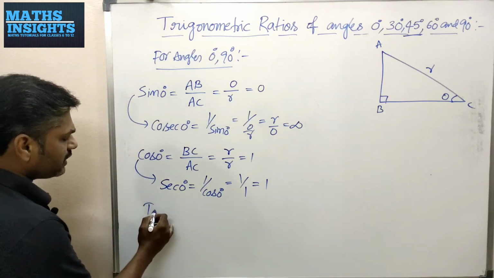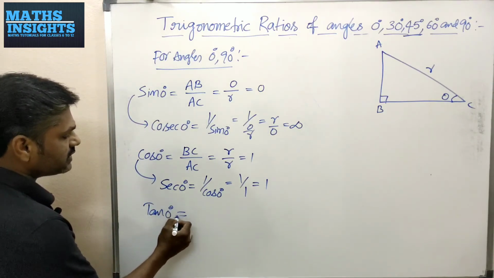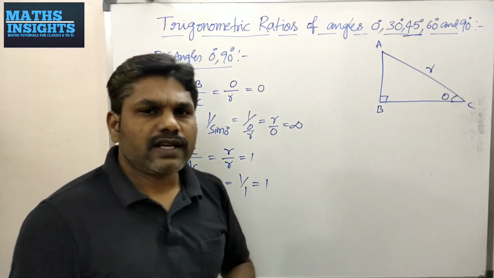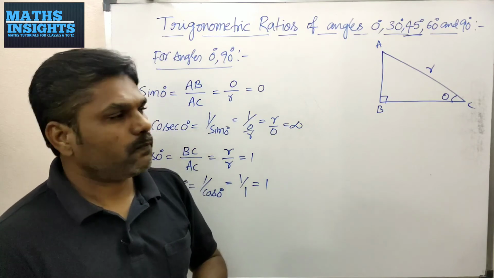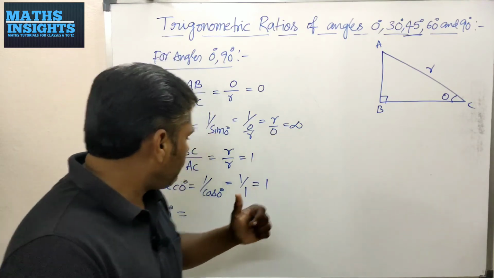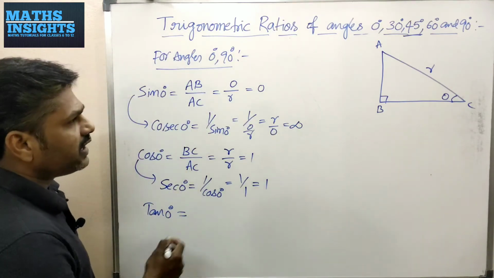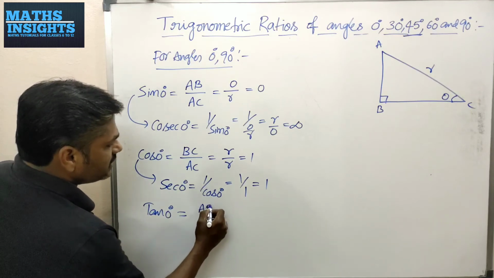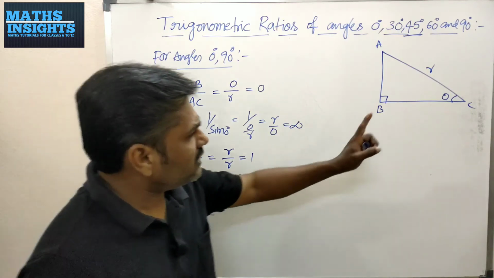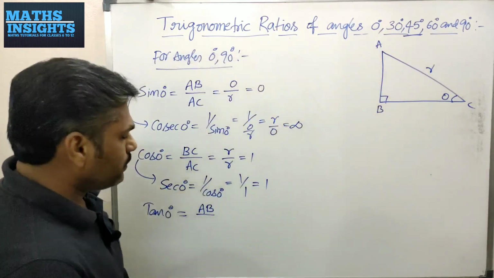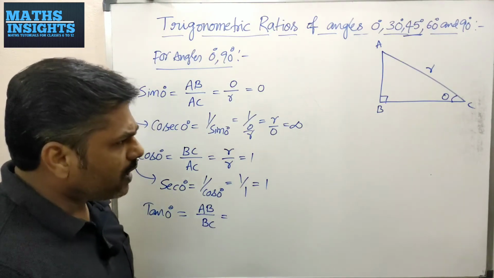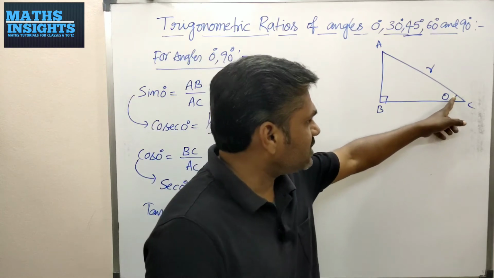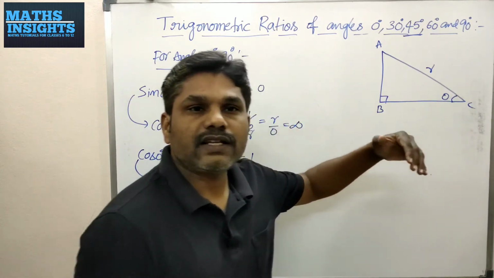Finally I am taking tan 0 degrees, which is defined as side opposite to 0 by side adjacent to 0. When you define tan theta, it will be side opposite to theta, that is AB, by side adjacent to theta, that is BC. But you have to make this angle 0.